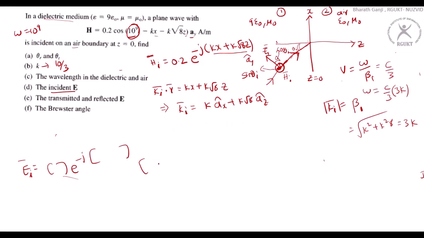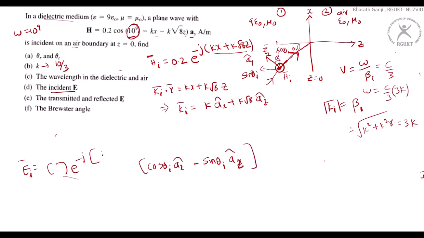The direction of the field has a cos theta I component in the x direction, and a minus sine theta I component in the negative z direction, so minus sine theta I in the a_z direction.